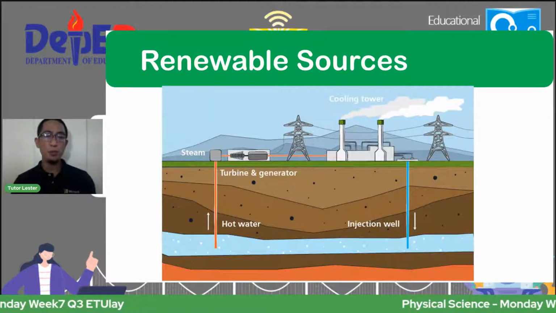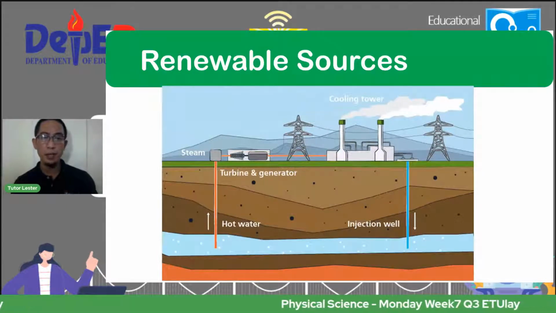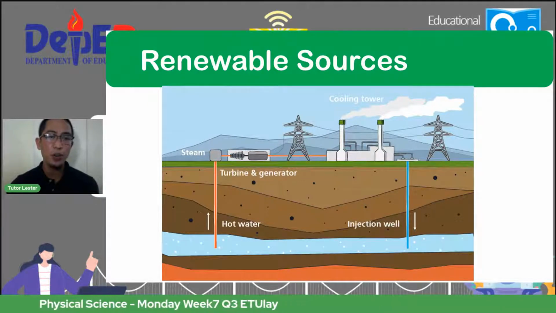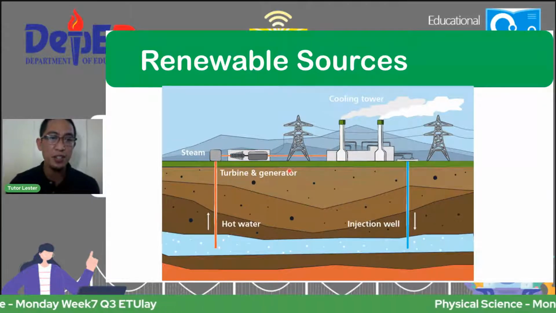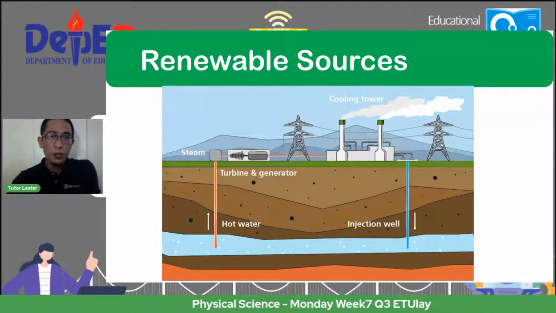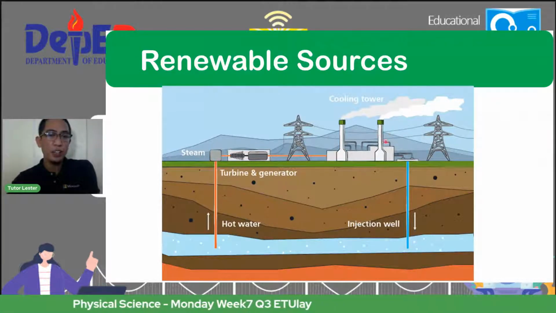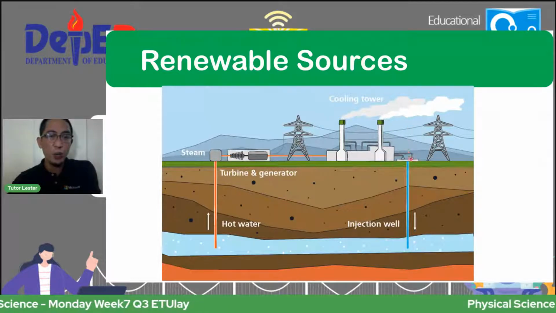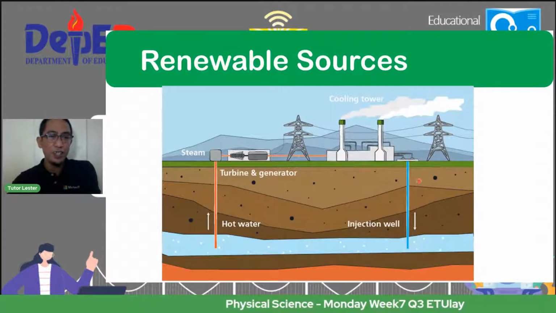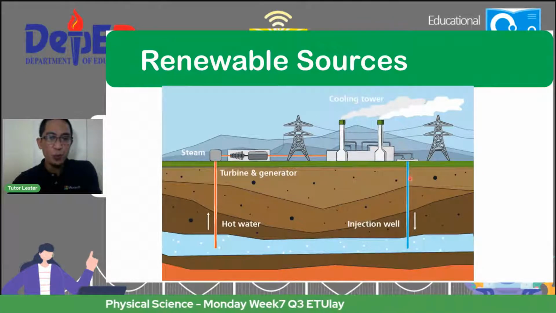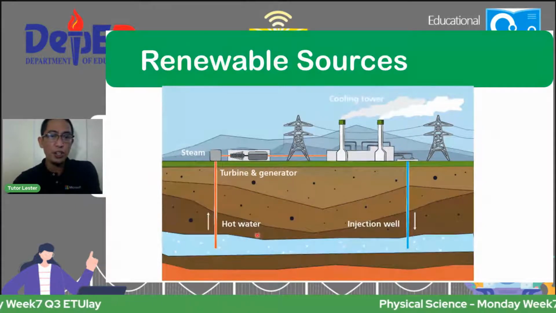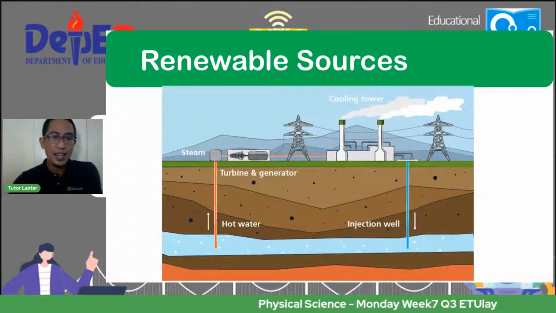So paano po nakakapag-produce ng electricity using geothermal energy? So alright, so makikita po natin dito sa illustration na ito how energy is generated using geothermal energy, right? So how? So water is injected in the deep underground. There is water injected from these injection wells, and dahil mainit po, this water returns as steam.